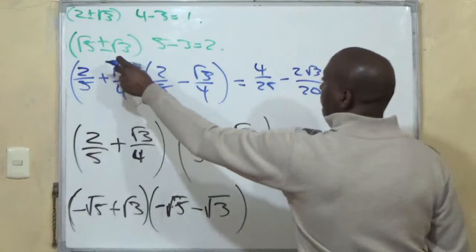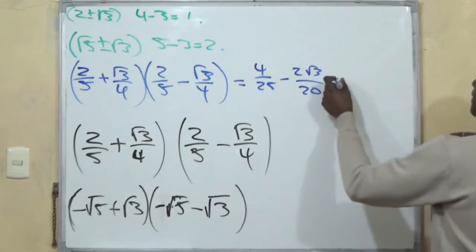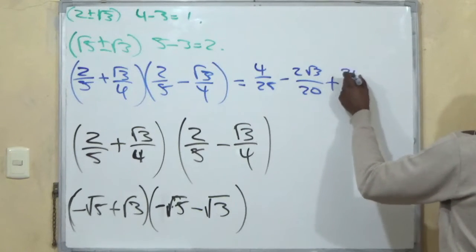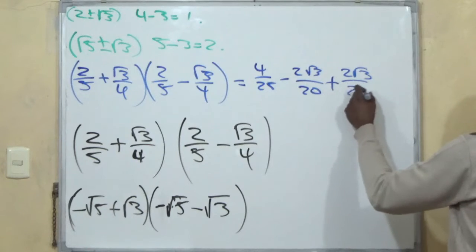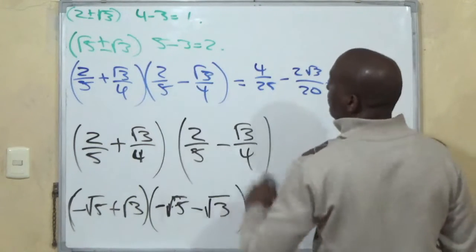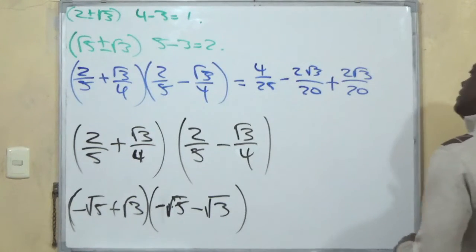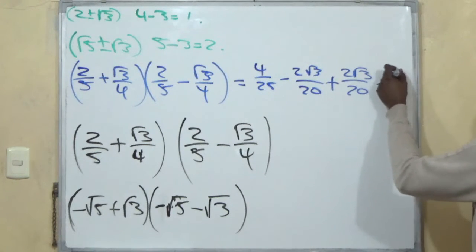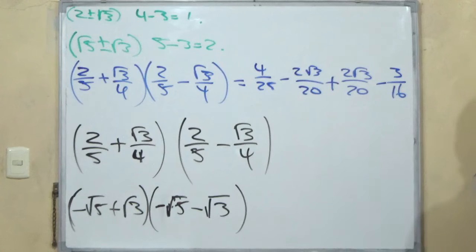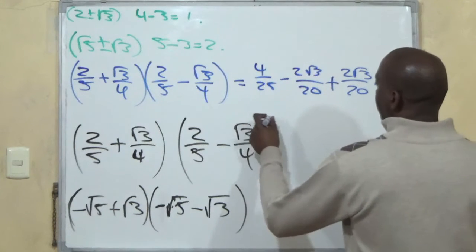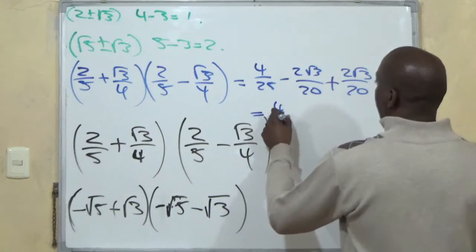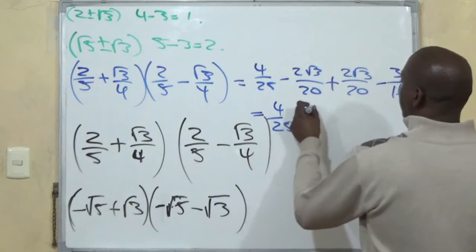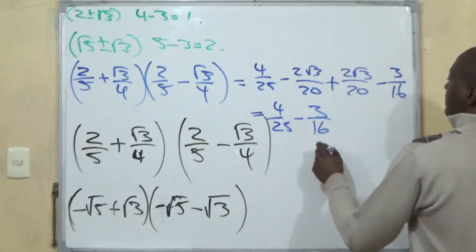And you have the same thing here: root 3 over 4 by 2 over 5 is plus 2 root 3 over 20. Root 3 over 4 by minus root 3 over 4 is minus 3 over 16. So what you get is 4 over 25 minus 3 over 16.